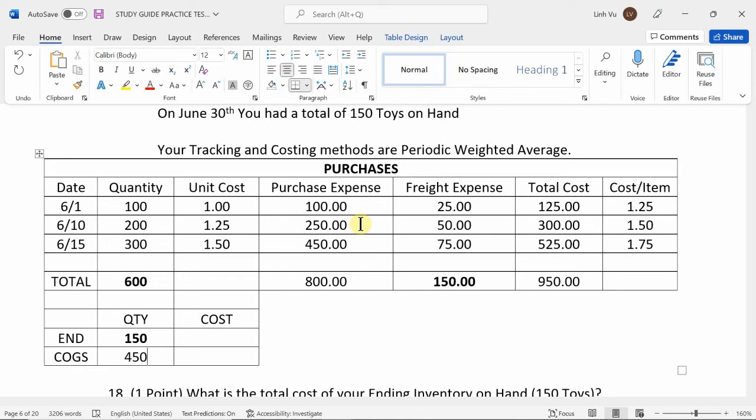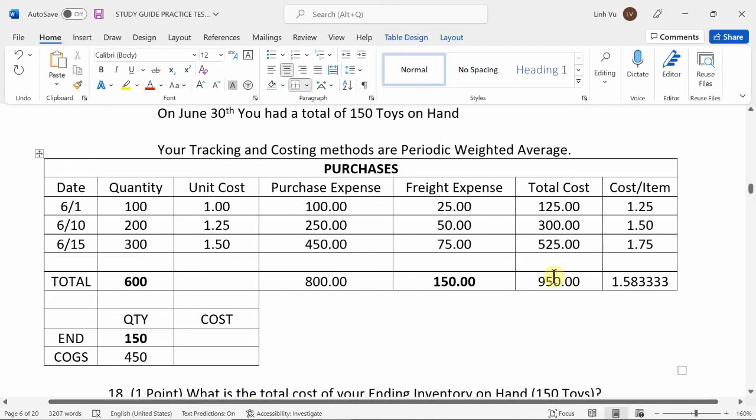It's 950. So we divide 950 by the 600 units, and that gives us our average cost per item. Good. So what is my average cost per item if I have a grand total of 600 units at a grand total cost of $950? $1.583333 until the end of time. Good.